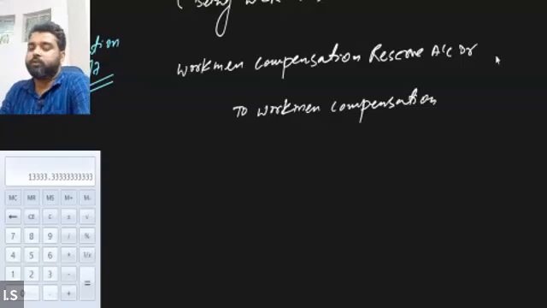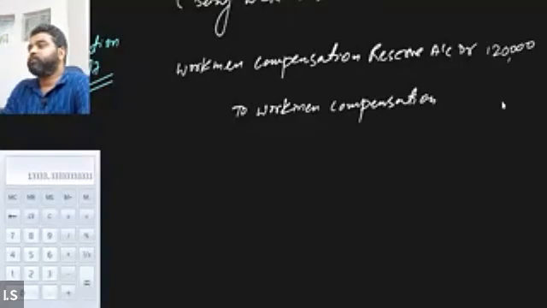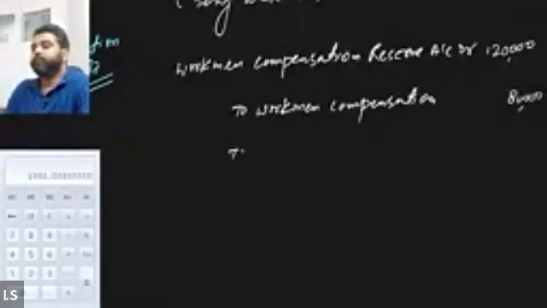The workman compensation reserve that we have made was 1,20,000. Out of this, the claim was made for only 80,000. That means the remaining amount shall be divided among the partners in the old profit sharing ratio.